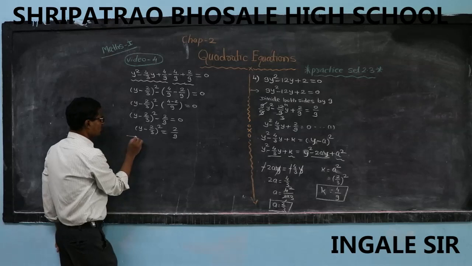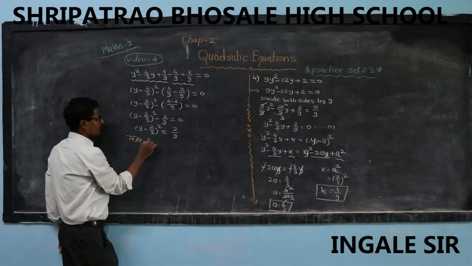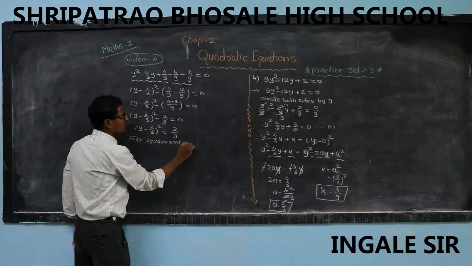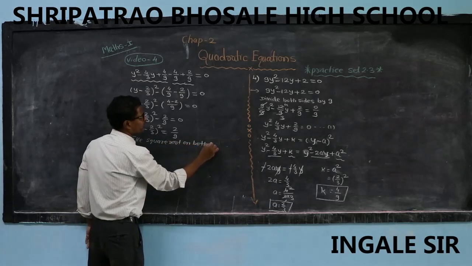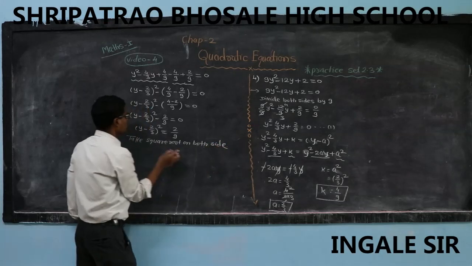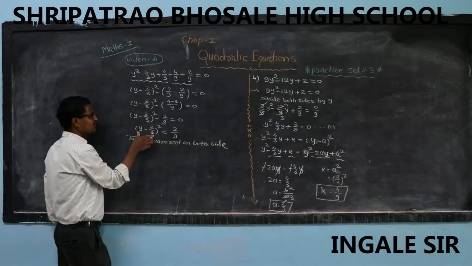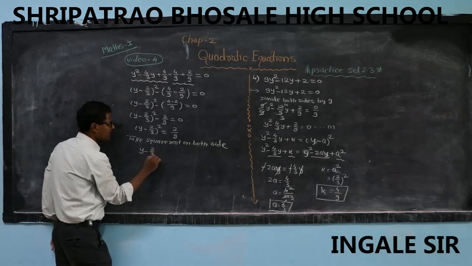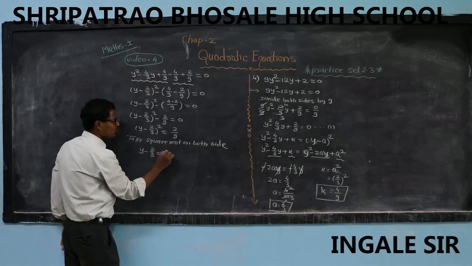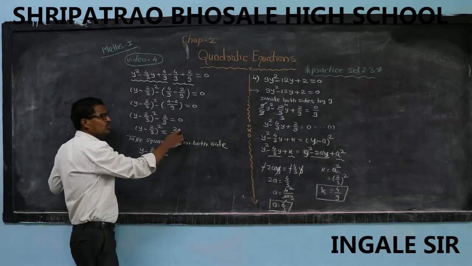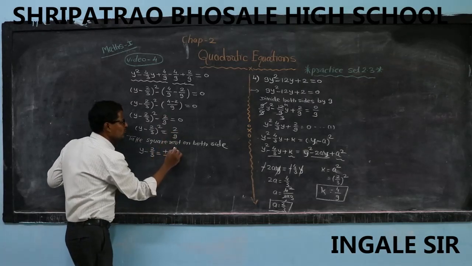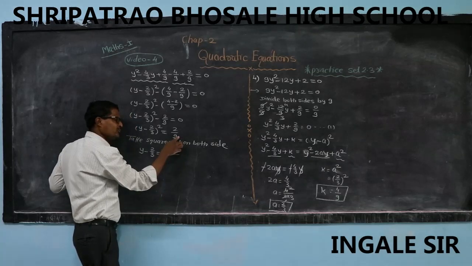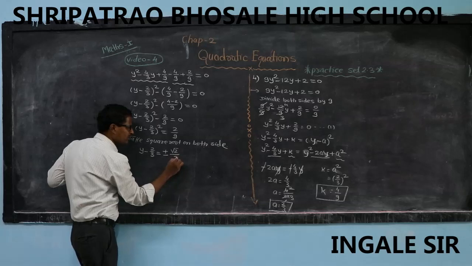Now take the square root on both sides. The square root of y minus 2 by 3 square is y minus 2 by 3, is equal to, taking the square root, plus minus. 2 is not a perfect square, so we take 2 in the square root: root of 2. 9 is a perfect square of 3, so here 3.